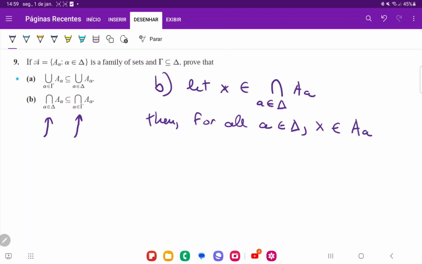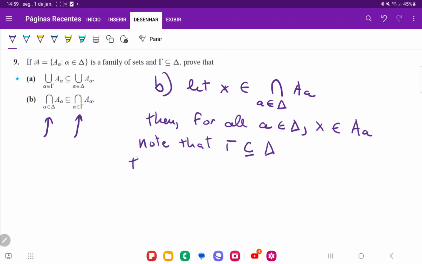And then we're going to say, note that gamma is a subset of delta, right? So what does this mean? If gamma is a subset of delta, it means that every element in gamma is also an element in delta.